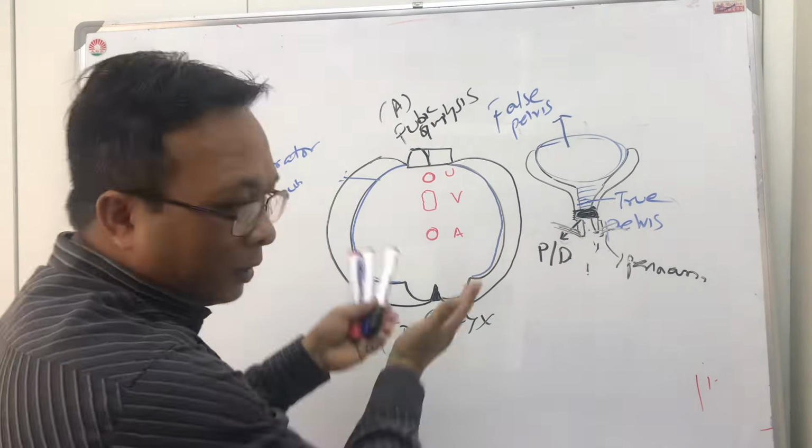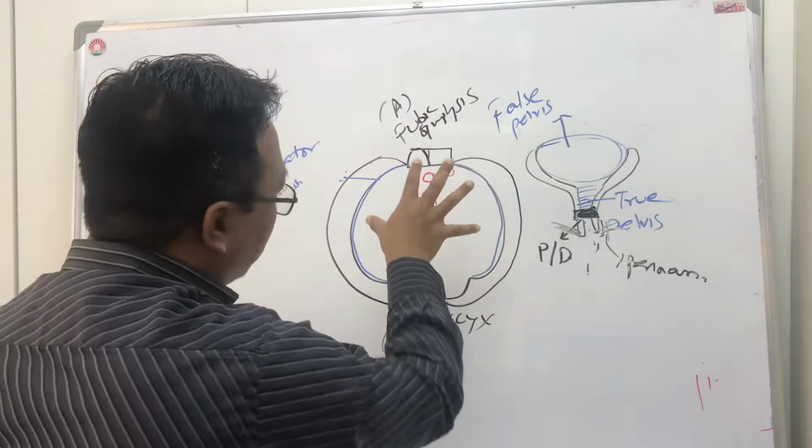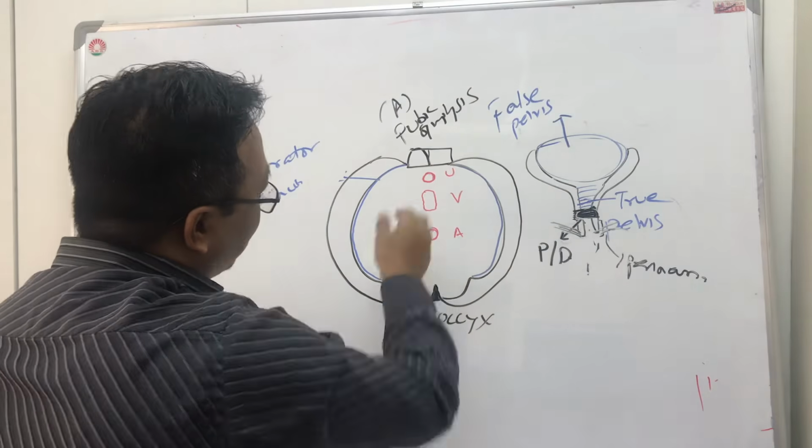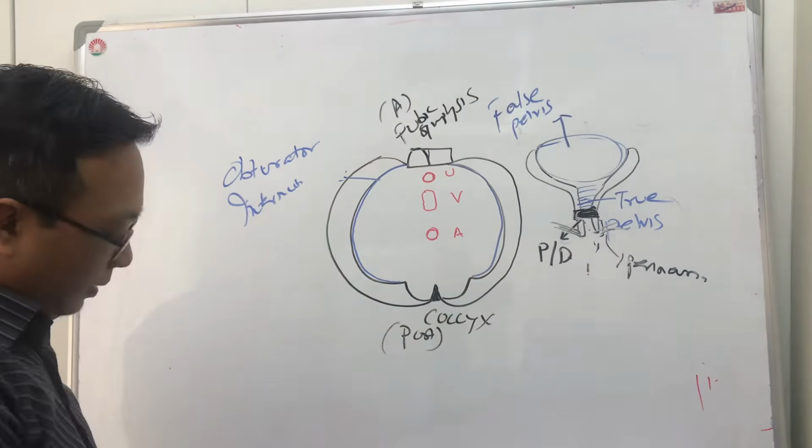So we are looking at the pelvic cavity from the top. Okay, this is a top view. There is the urethral opening, the vaginal opening, and the anal opening.